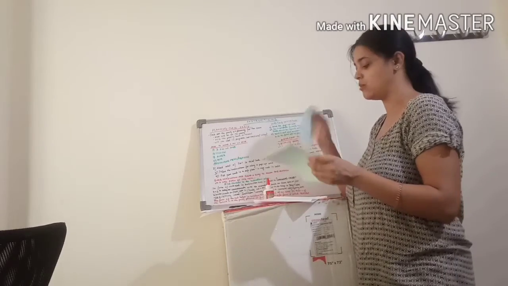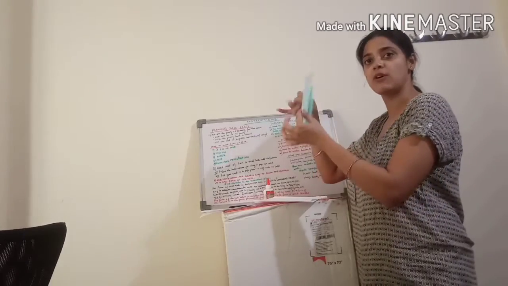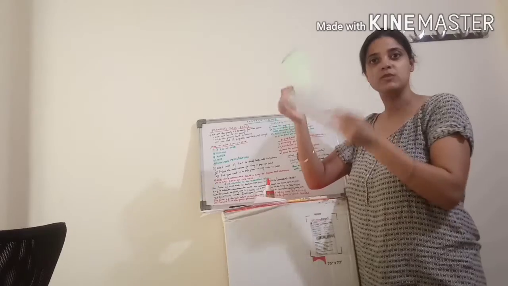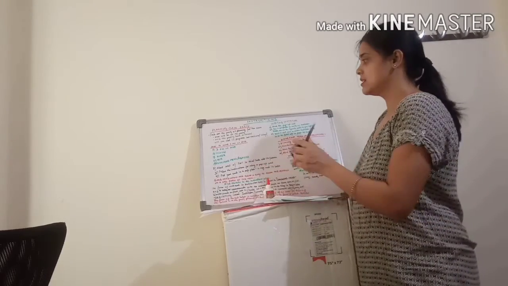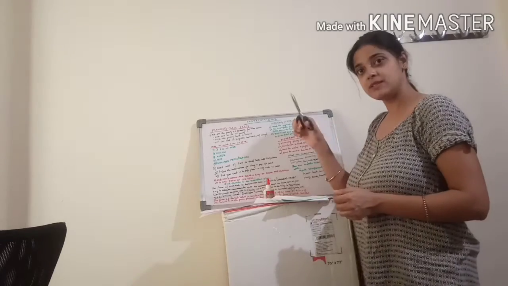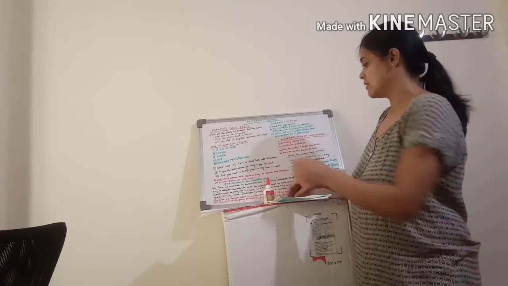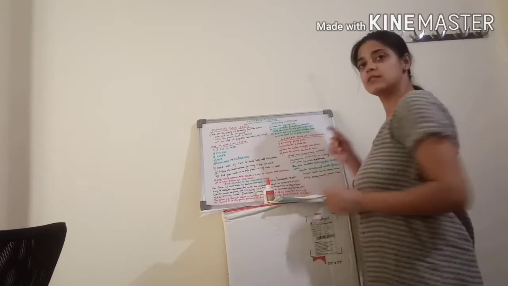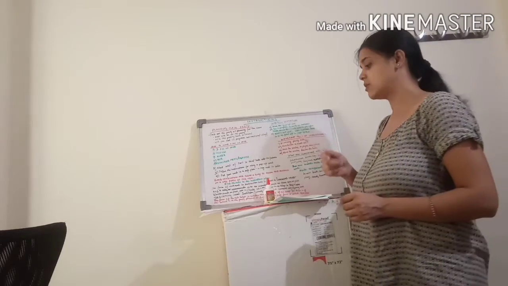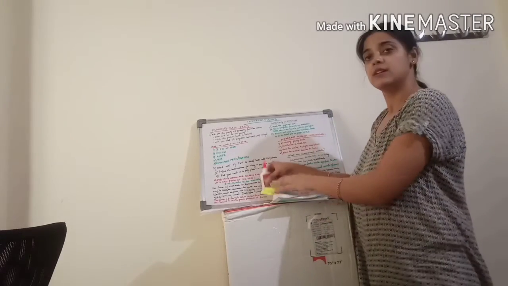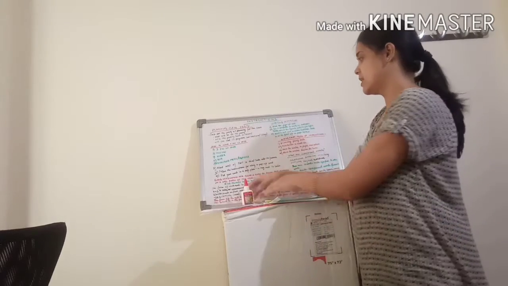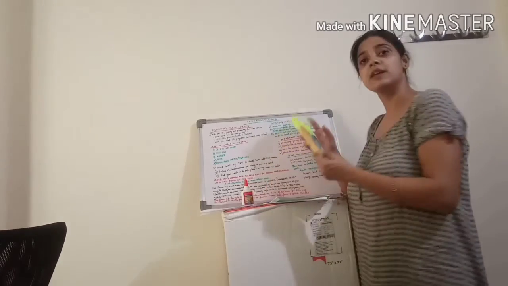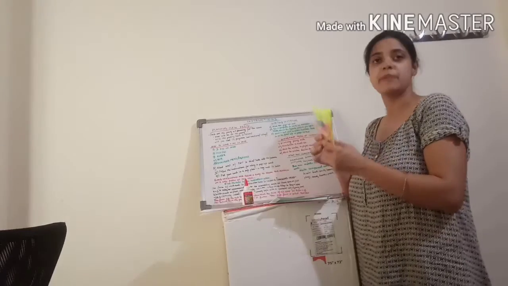Later on I'll show you how. So basically 3 pieces of paper, 1, 2, 3, or card. A pair of scissors. Then you need a ruler or a scale. Glue. And then coloring pens or pencils.